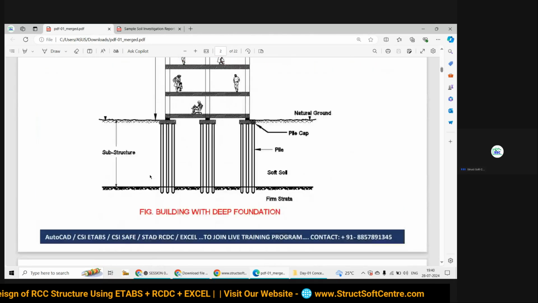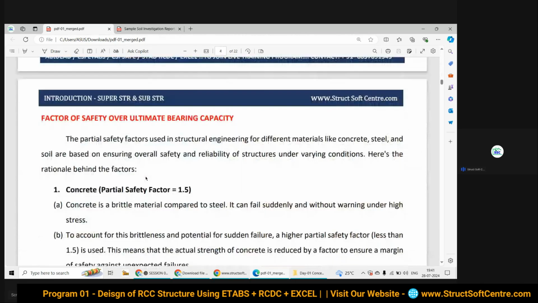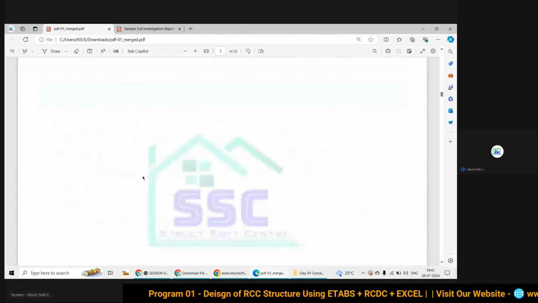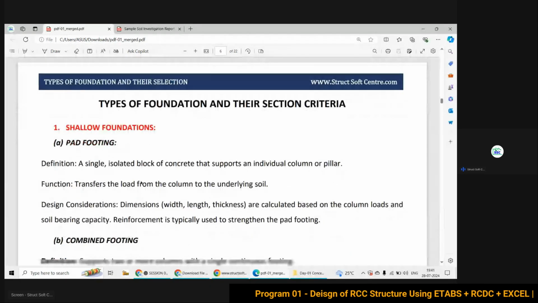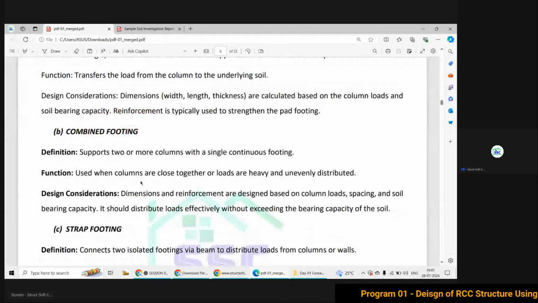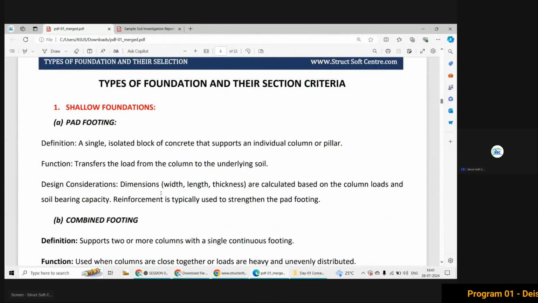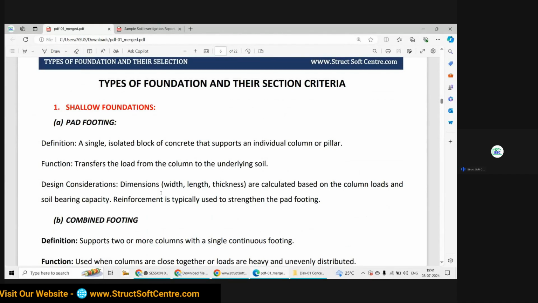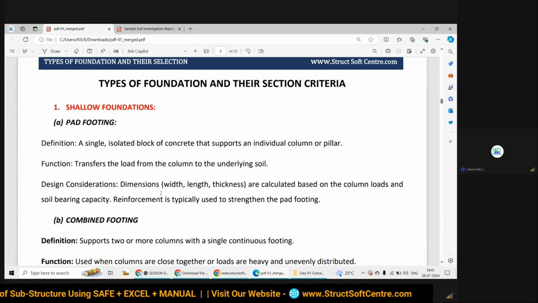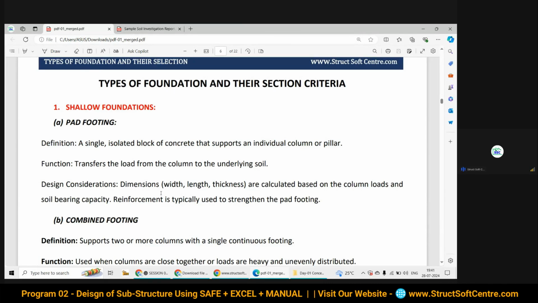Thereafter, we saw the factor of safety, and after that we saw the different types of foundations. Again people ask the question, sir, for this kind of situation, for this load, for this bearing capacity, what type of foundation should be chosen, what type of foundation should we adopt.